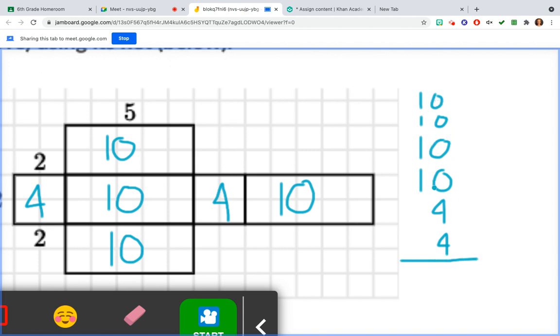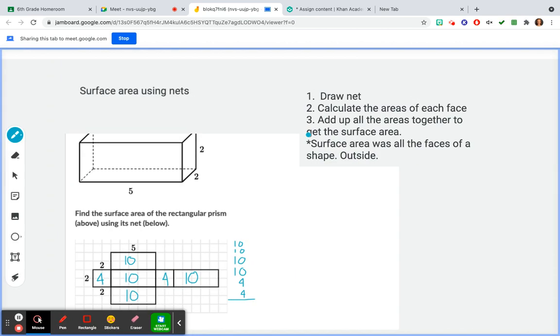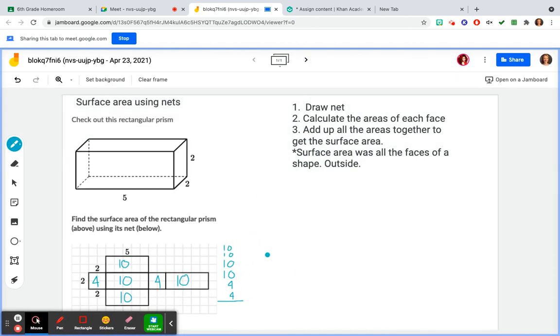So 40 plus 4 plus 4, is that 48? 48 units. And because this is area, not volume, we just thought about length times width, 2 dimensions. We'll have our units squared.